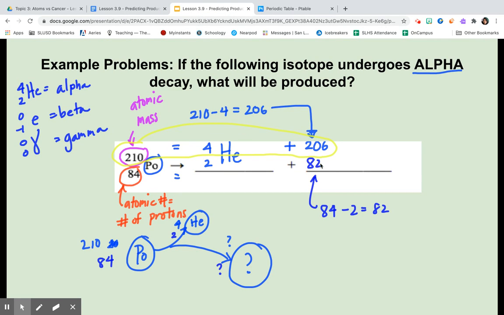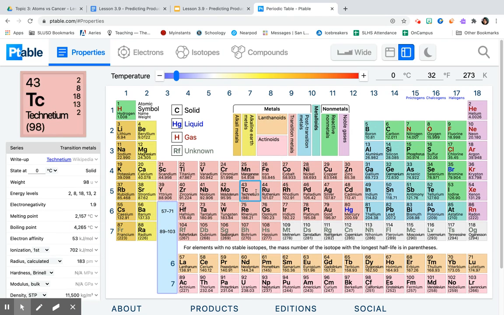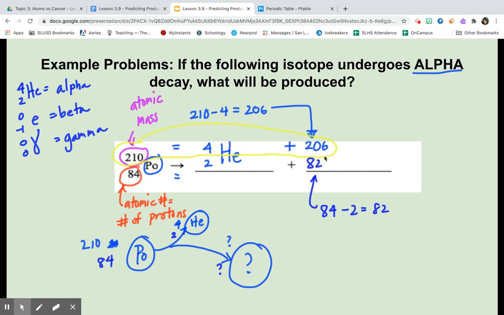So I'm going to look for the number 82 on here. 82, 82, 82. There we go. Element number 82 is Pb, or lead. So after this isotope undergoes alpha decay, it will make Pb, element number 82, also known as lead.